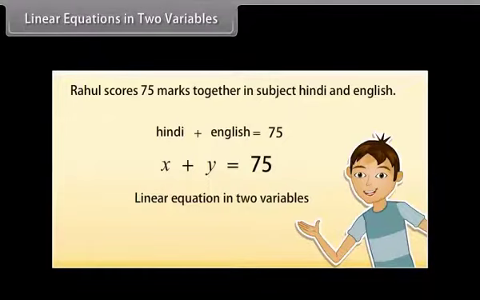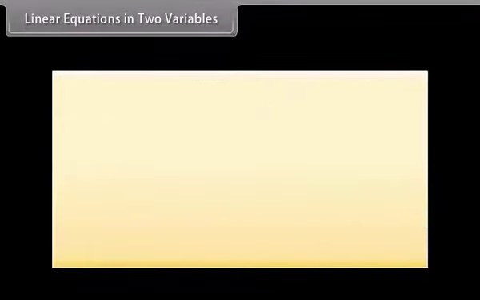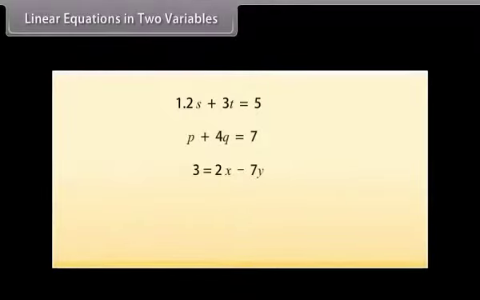Some other examples of linear equations in two variables are 1.2s plus 3t is equal to 5, p plus 4q is equal to 7, and 3 is equal to 2x minus 7y.